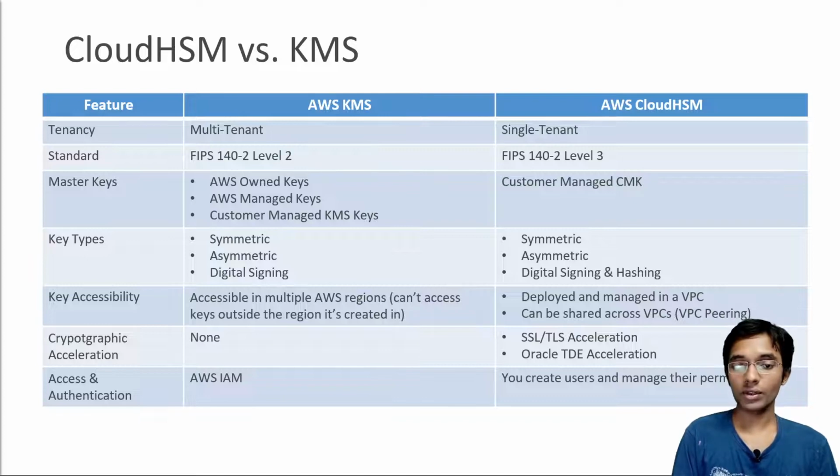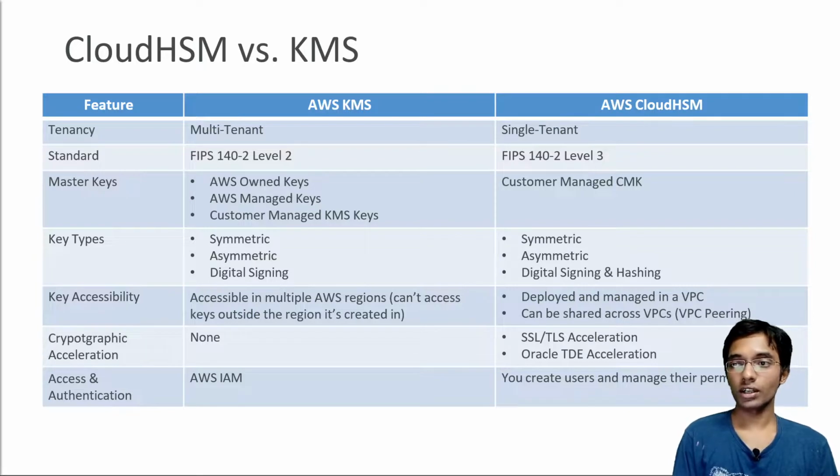If you want to provide access to Cloud HSM to other accounts, other regions, and so on, you would need to create multiple VPCs and VPC peering connections, so that the other Cloud HSM clients can access your own Cloud HSM cluster.